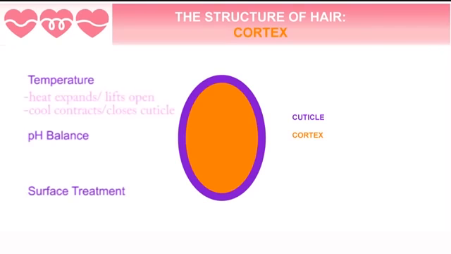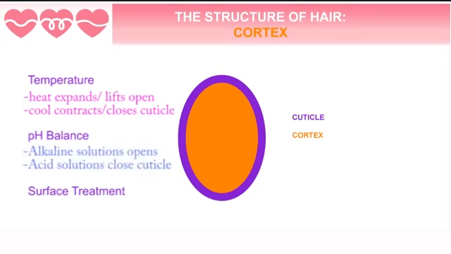Heat causes the cuticles to lift and expand, while coolness causes the cuticles to close and contract. As for pH balance, solutions that are more alkaline cause the cuticles to lift and open, while more acidic solutions cause them to close.